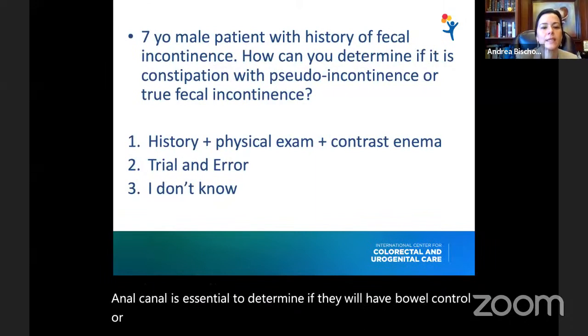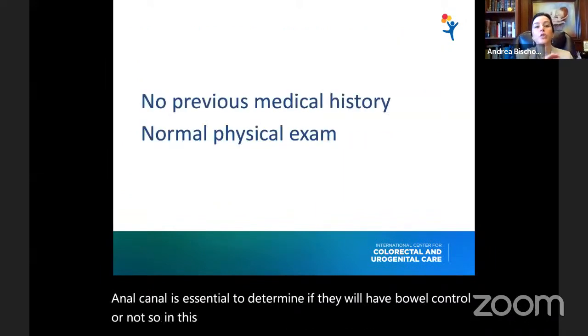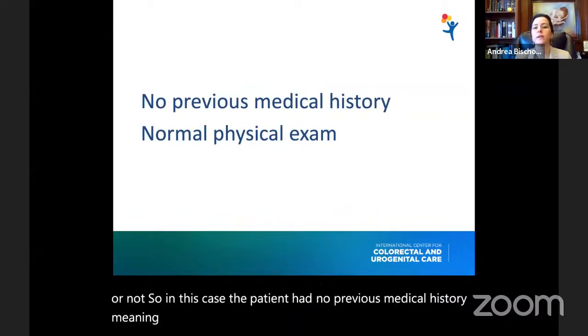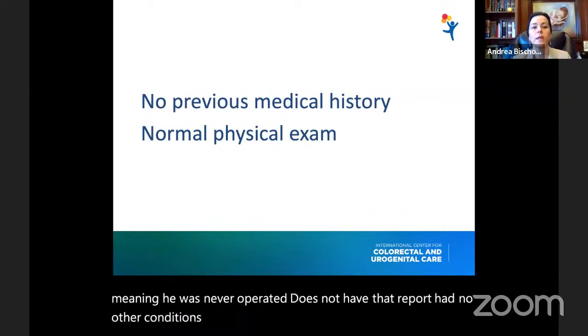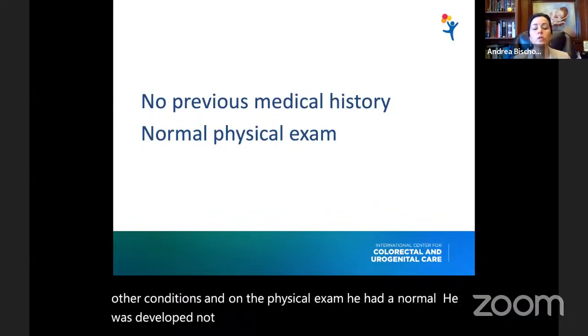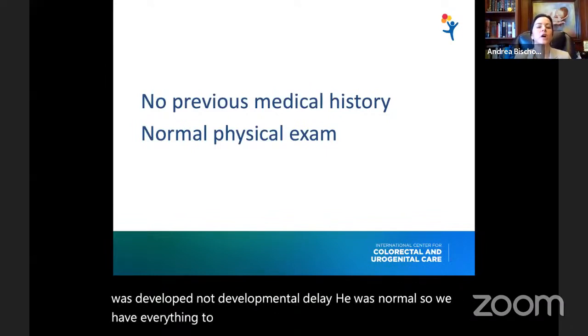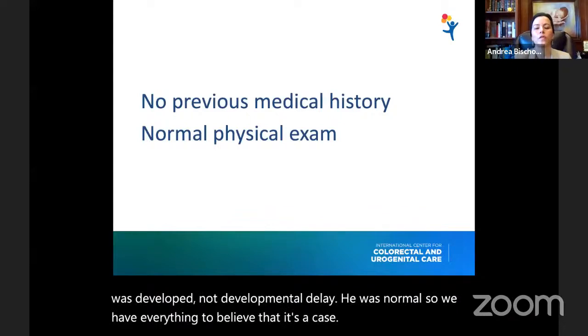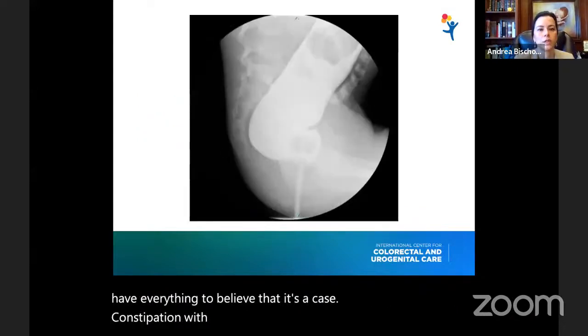So in this case, the patient had no previous medical history, meaning he was never operated, does not have tethered cord, had no other conditions. And on the physical exam, he had a normal anus. He had no developmental delay, he was normal. So we have everything to believe that it's a case of constipation with overflow pseudo-incontinence.